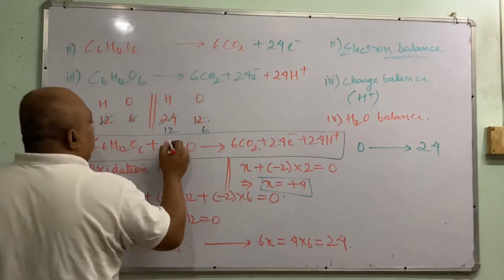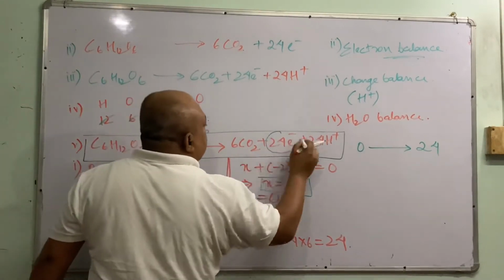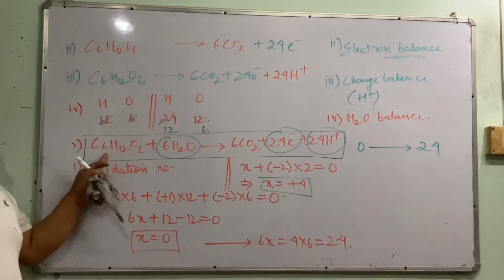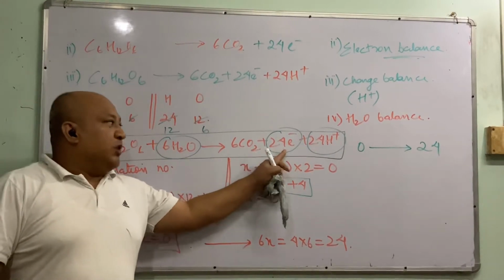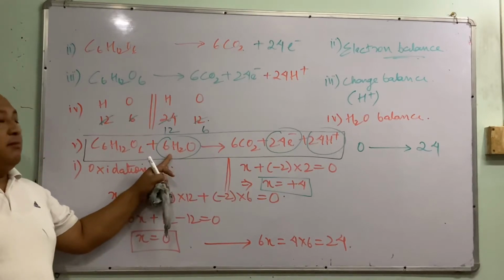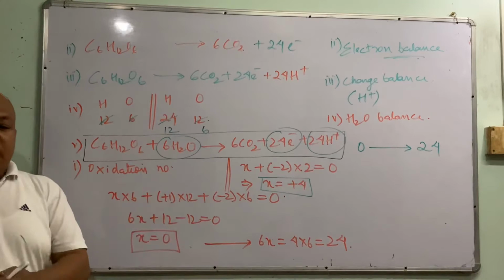We're adding this, this, and this. So glucose is oxidized to carbon dioxide, giving out 24 electron and 24 proton, and it consumes 6 molecules of water.